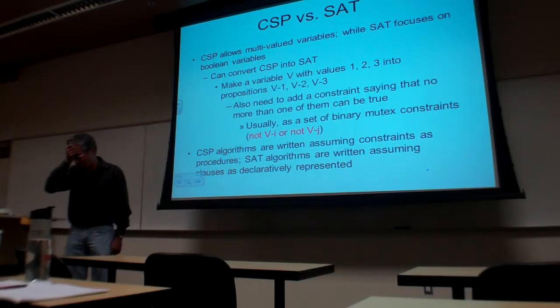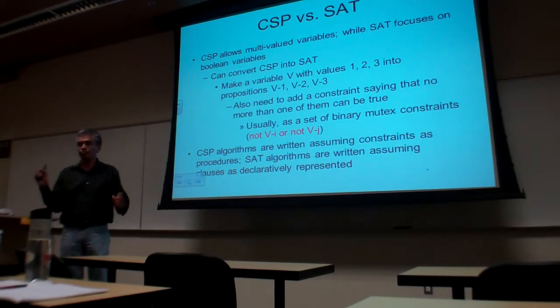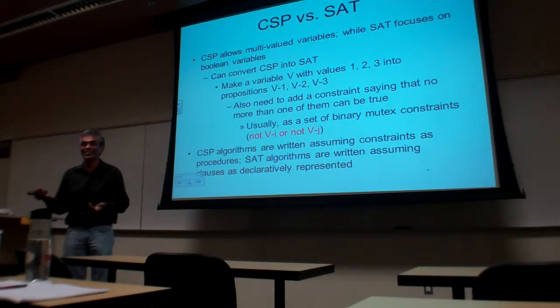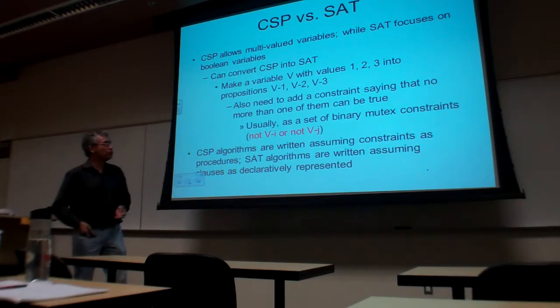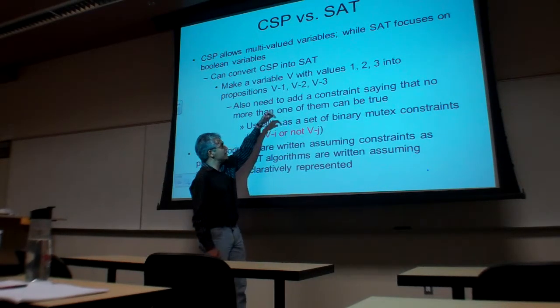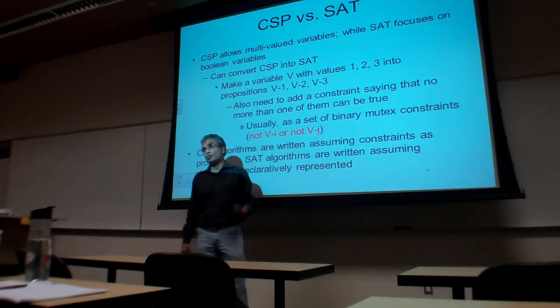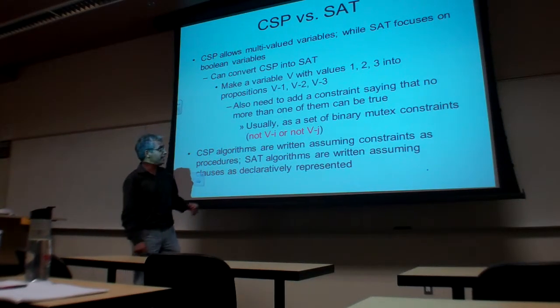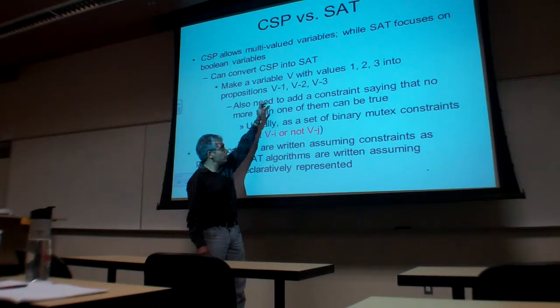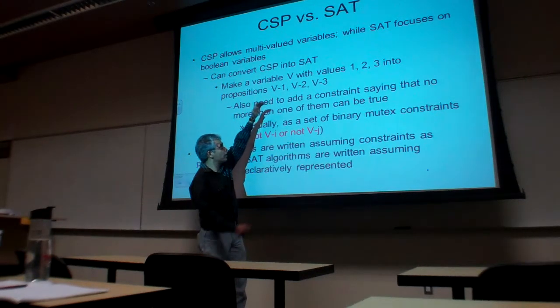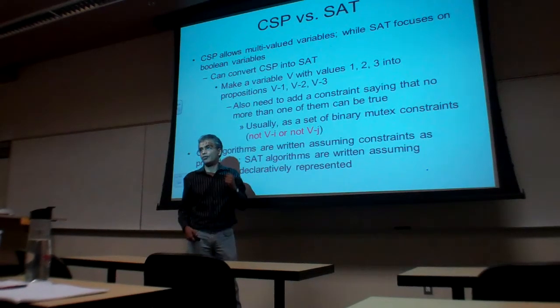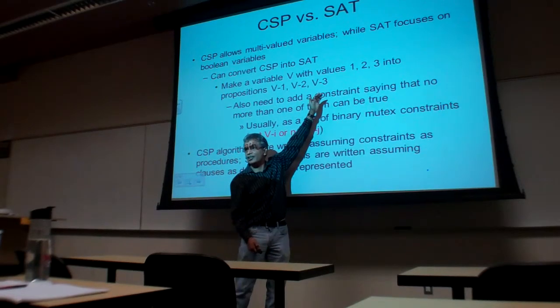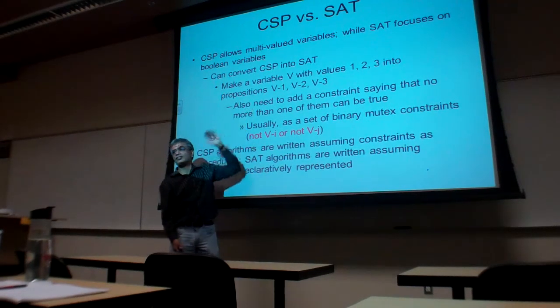So essentially, there's an all-different constraint on top of V1, V2, V3. I'm sorry, not an all-different constraint. Only one of them is true. It cannot be all different, since they're only true or false. So that means you have to write a whole bunch of mutual exclusion constraints: either V1 is not true or V2 is not true, either V2 is not true or V3 is not true, either V3 is not true or V1 is not true.